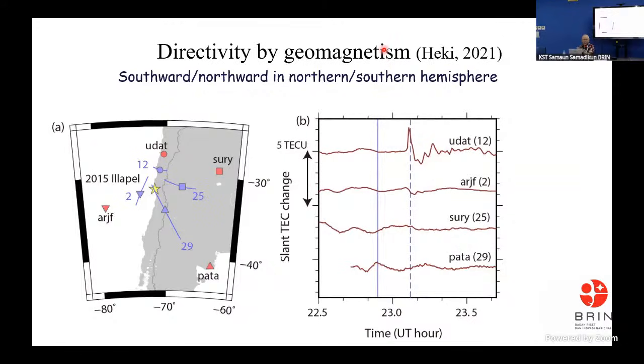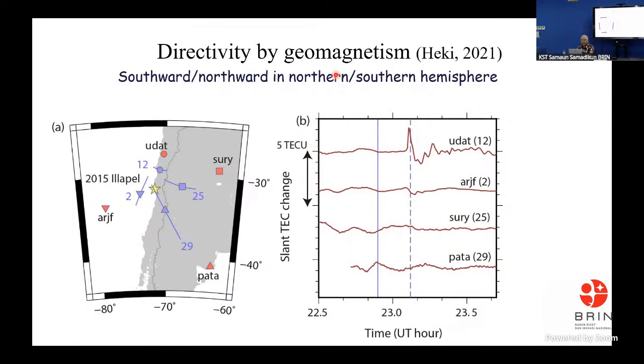And also, if you determine the amplitude of the ionospheric disturbance, there is some problem, the directivity caused by geomagnetism. From the south side, it looks larger. And in the southern hemisphere, if you look at the earthquake from the north, it becomes stronger.